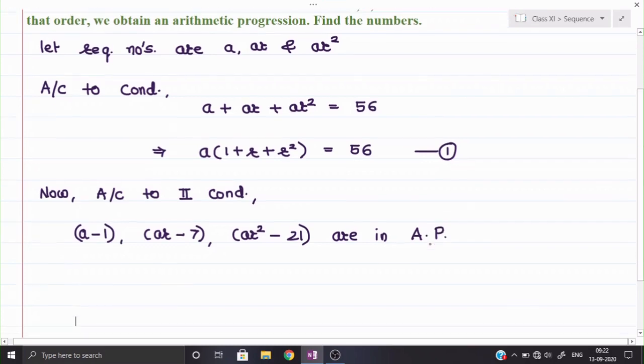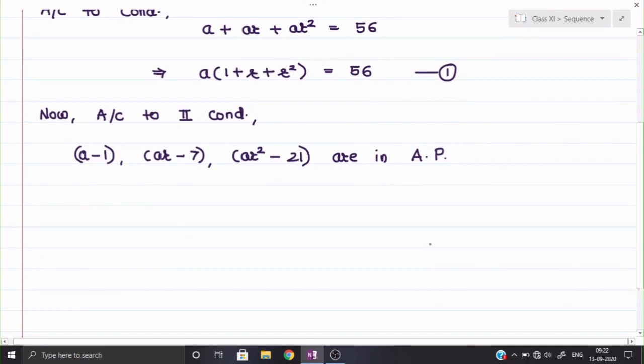Now if these three numbers are in AP, then one thing is very sure: the common difference will always be the same. Or you can apply the arithmetic mean formula, meaning the middle number will be equal to the sum of the two numbers divided by 2. Here we shall apply the simple one, common difference.